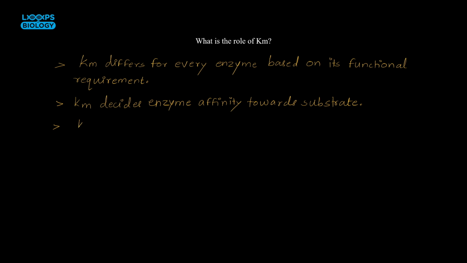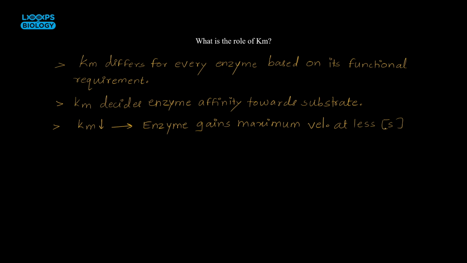So whenever I'm talking about Km is very less, that means the enzyme gains maximum velocity at less concentration of substrate.